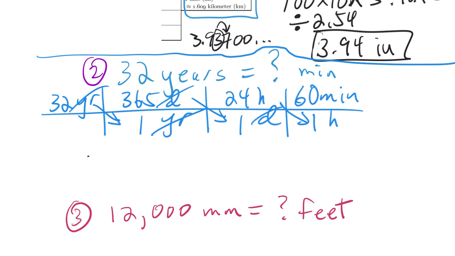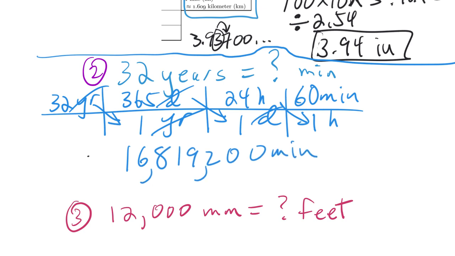So I get this big number, 1,681,920 minutes. If you did this in your calculator, it might put it into scientific notation.